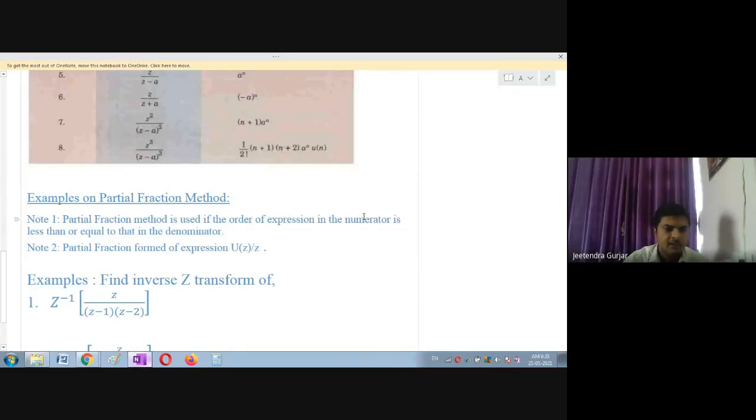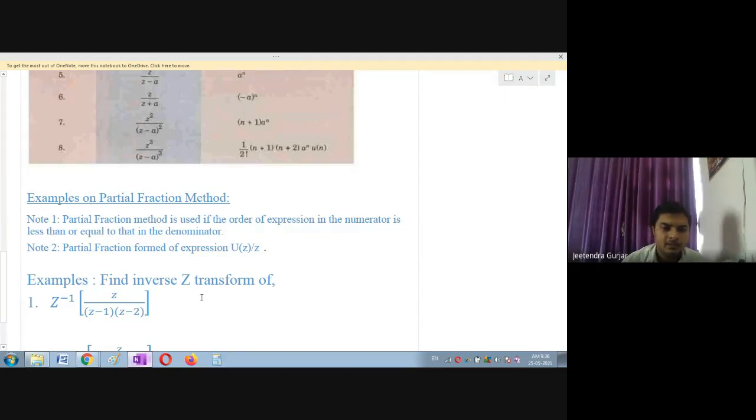So in the inverse Z transform we will be focusing on partial fractions, which is important for our syllabus. Before solving by the partial fraction method, you should know that partial fraction is used if the order of the expression in the numerator is less than or equal to that in the denominator, students. For example, you can see here, if you simplify the denominator, the highest power of z is z squared, and in the numerator the highest power of z is only 1.